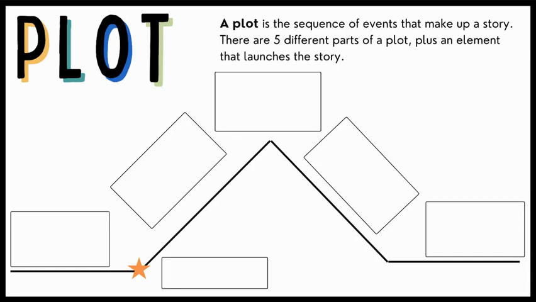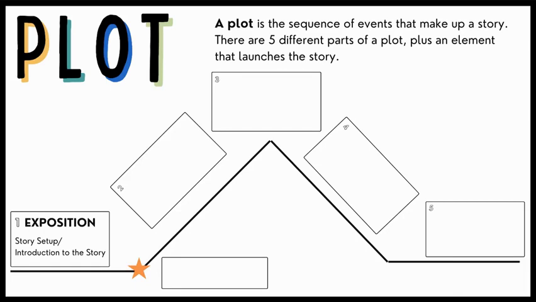The first part of our plot diagram is what we call the exposition. The exposition is the beginning of our story. This is where we, as readers or viewers of the story, learn about a few really important things. We might learn about the characters.